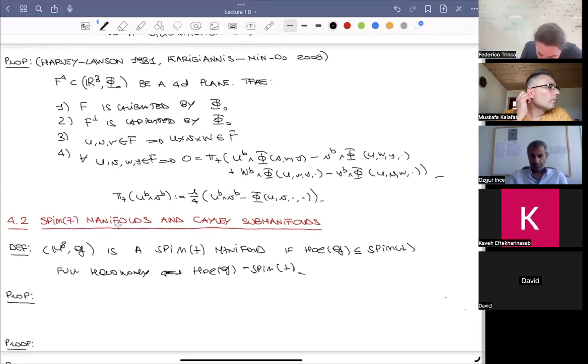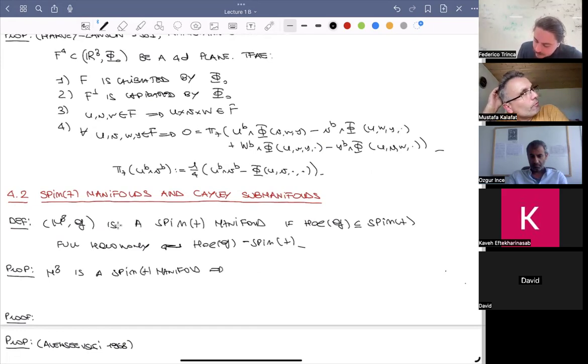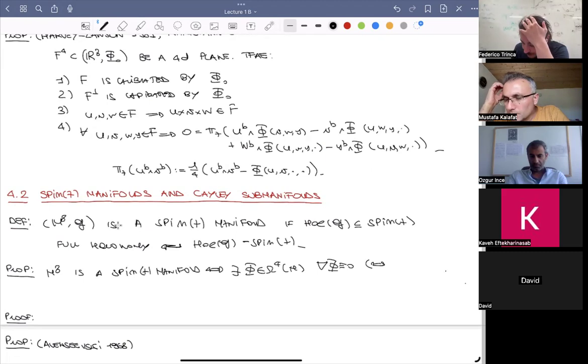And finally, this can also be characterized by a parallel four-form. So M is a Spin(7) manifold if and only if we have a four-form phi which is parallel. Actually, it is equivalent to say that phi is closed in this case.